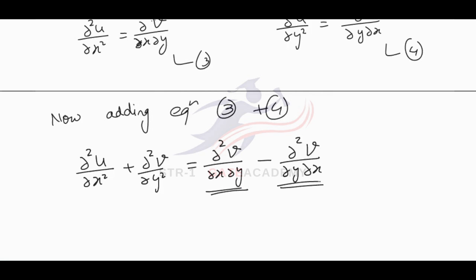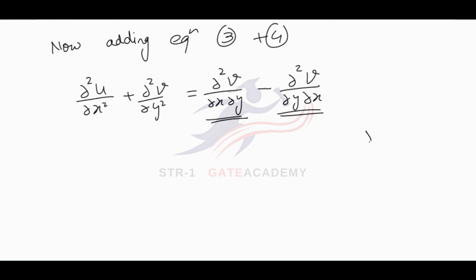Can I say this and this are the same thing? Yes, it does not make any difference, right? We already know that for a multivariate function, the order will not make a difference. For example, del square v upon del x del y is equal to del square v upon del y del z. So this will not make any difference.